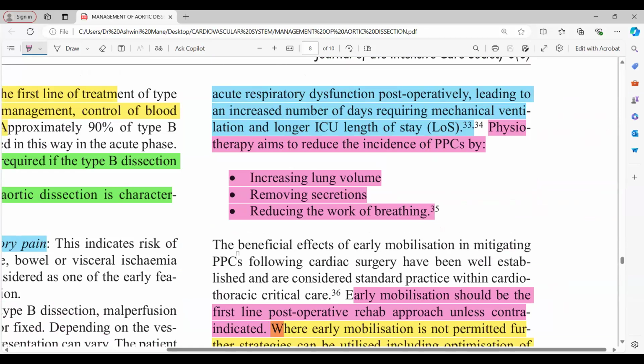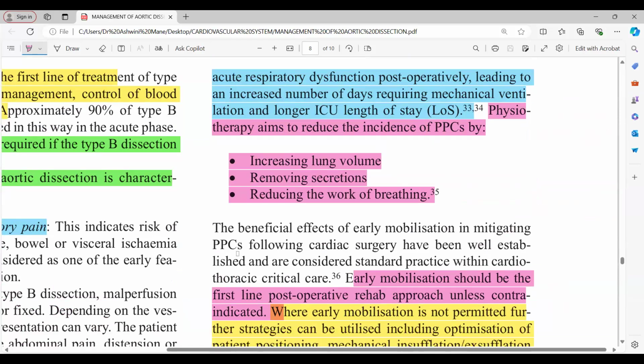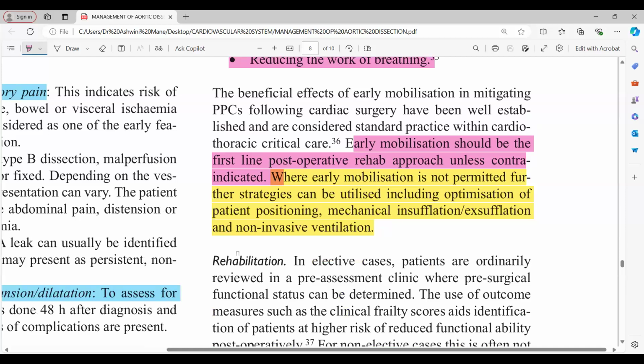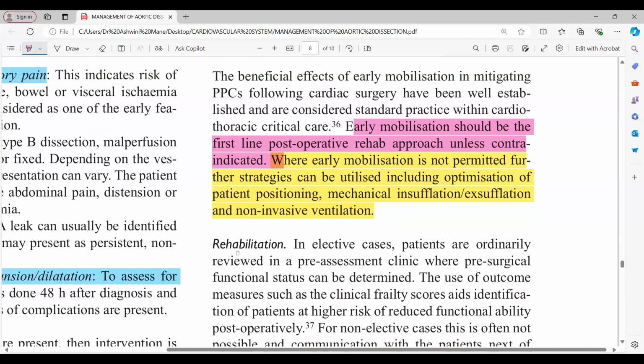Early mobilization should be the first line post-operative rehab approach unless contraindicated. When early mobilization is not permitted, further strategies can be utilized, including optimization of patient positioning, mechanical insufflation-exsufflation, and non-invasive ventilation.